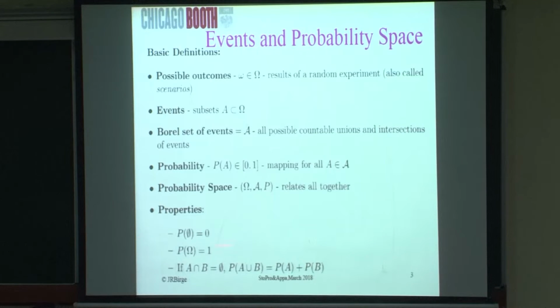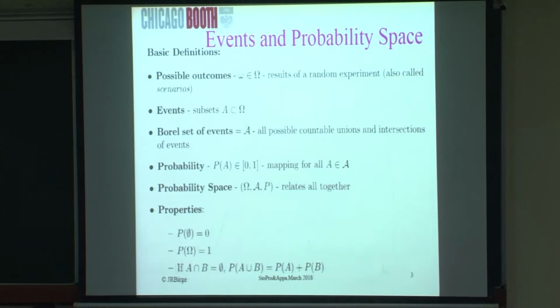And now the only other thing I have to do is to define, well, what happens when I sort of combine these subsets together? So the other property that probability must have is if two events don't go together, in other words, if their intersection is null, then when I take the probability of their union, I just add the probabilities together.